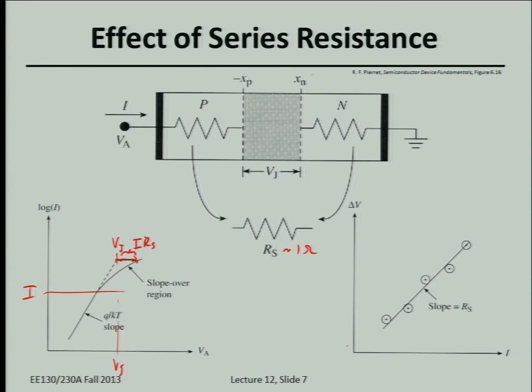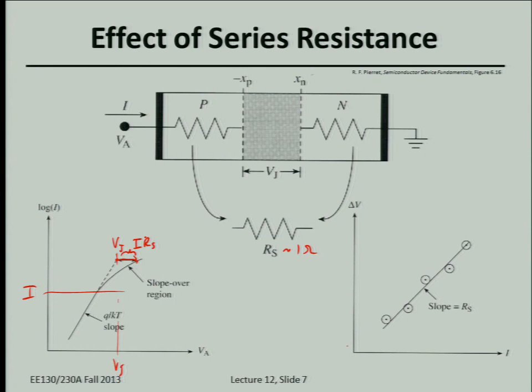Does that make sense? When you apply a voltage externally to the diode, some of that drops across the junction, and it's that voltage that determines how much current flows. The rest is dropped across the doped source and drain regions.